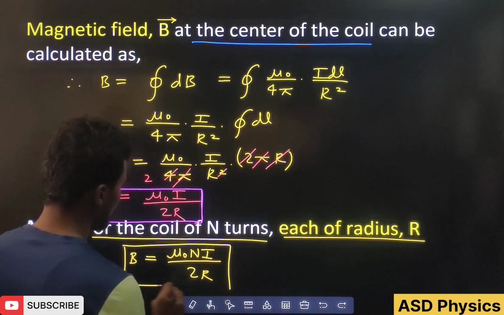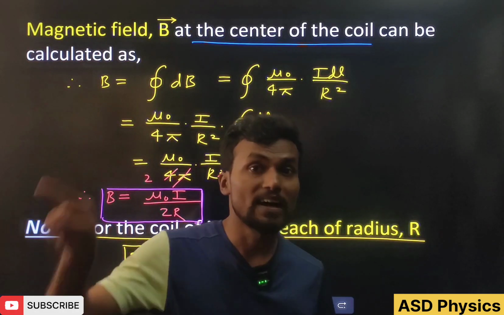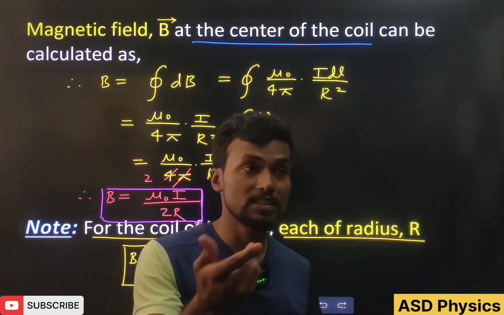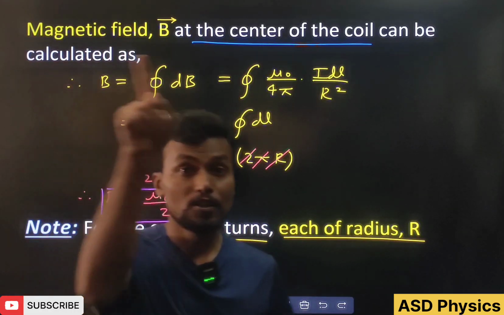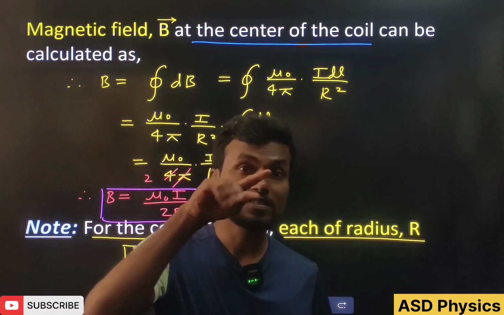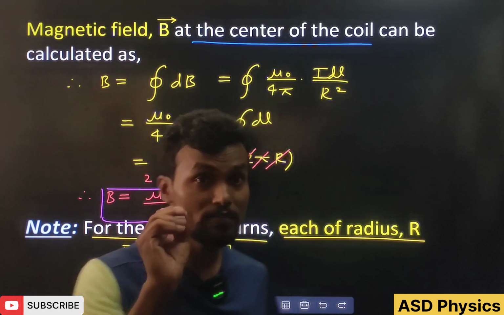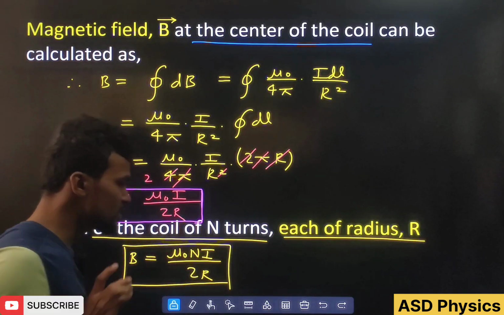And you know very well, when the number of turns will increase, what will happen? The length of the wire will keep on increasing, because you know very well, if each and every turn is having radius r, so single turn, total how much circumference? 2 pi r. 2 turns, how much circumference? 2 into 2 pi r, that means 4 pi r. So if in case the radius is fixed, what will happen?